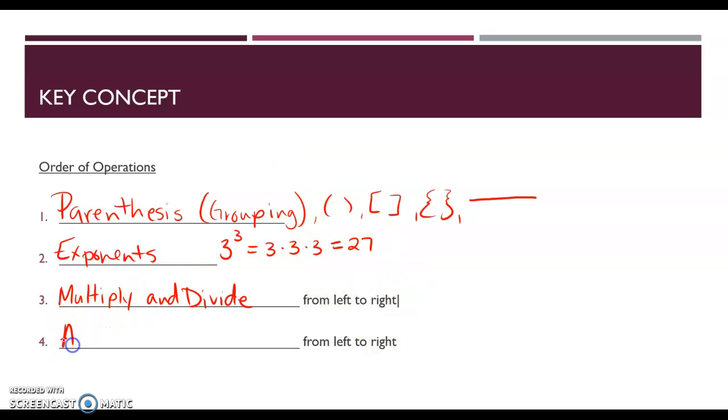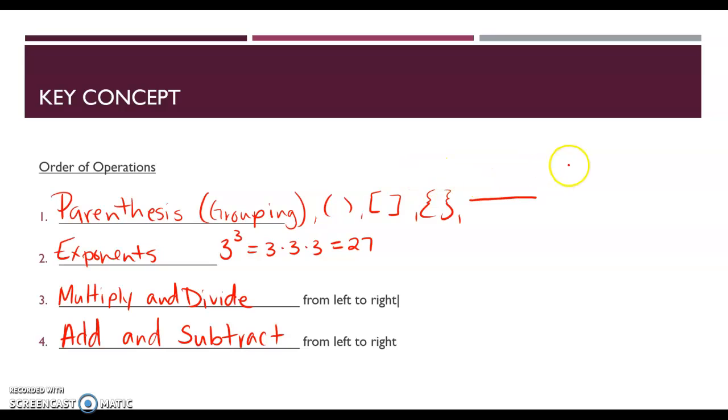And then it's the same thing for add and subtract. After I do my multiplication and division, then I'm going to do my adding and subtracting. And again, that happens from left to right. It doesn't matter if the subtraction comes before the addition, as long as we're doing them at the same time from left to right.